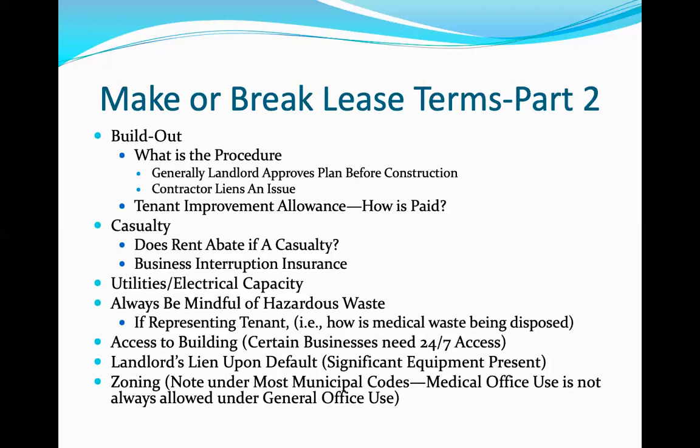The other issue is utilities and electrical capacity. Depending upon the business, certain businesses utilize more utilities than others, like a medical office, a dental office, a dry cleaner. And that leads us right into the next issue, is always be mindful of hazardous waste. If you're representing a tenant, especially if you're doing office leasing, which I've done a lot of medical office leases in the past, how is medical waste being disposed?